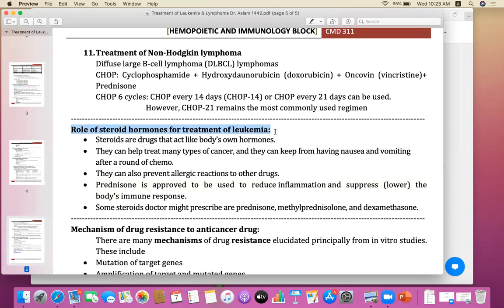They can also prevent allergic reactions to other drugs, because we know that steroids are anti-inflammatory and anti-allergic drugs. Prednisone is approved to reduce inflammation and suppress the body's immune response. Some steroids doctors might prescribe are prednisone, methylprednisolone, and dexamethasone for long action.